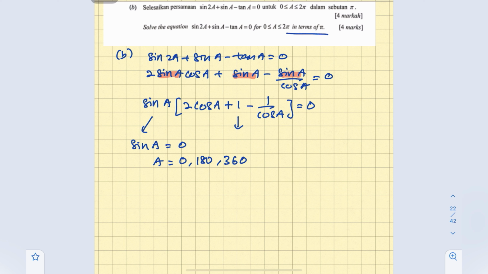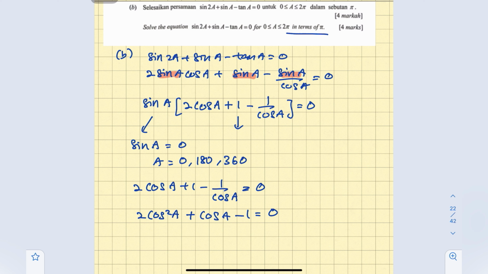Okay, for this one, we get 2 cos a plus 1 minus 1 over cos a equals to 0. Okay, so then we have to eliminate the denominator. So multiply all by cos a, we will get 2 cos squared a plus cos a minus 1 equals to 0.